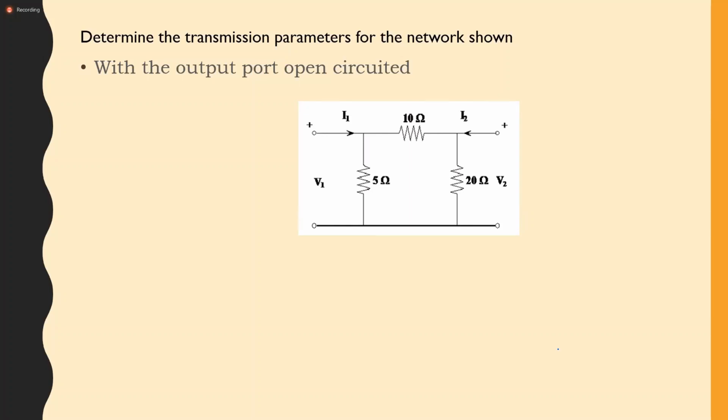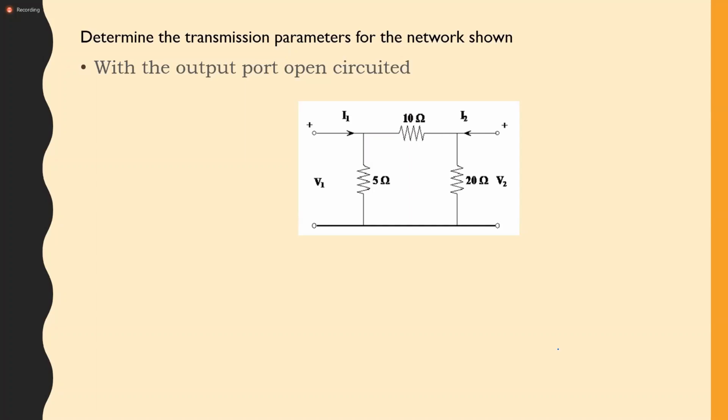Now, what will be the voltage across the 20 ohm resistor? V2. Now, what is the voltage across the 20 ohm resistor with respect to V1? If you're taking it from port 1, what's the voltage at port 1?